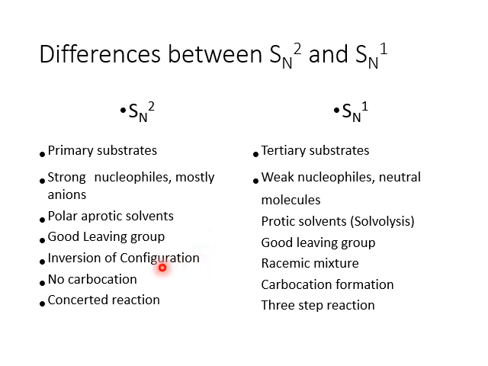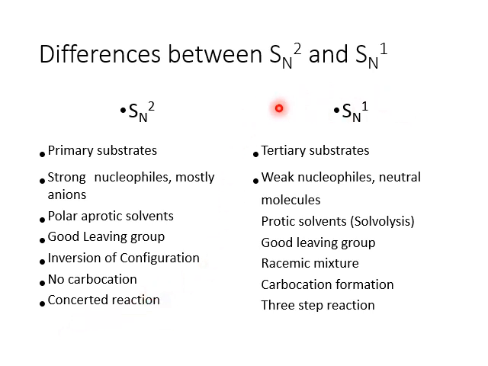Therefore, you have an inversion of configuration. It goes from R to S and from S to R. There's no carbocation. Right, it's a concerted reaction. So everything happens at the same time, and it all depends on both the concentrations of the substrate and the nucleophile.